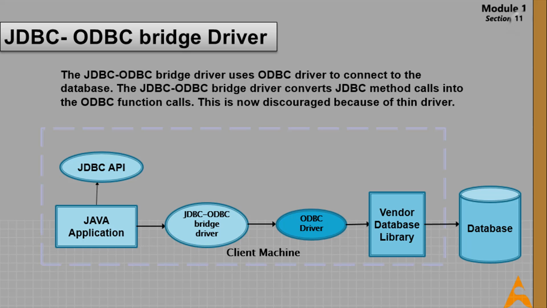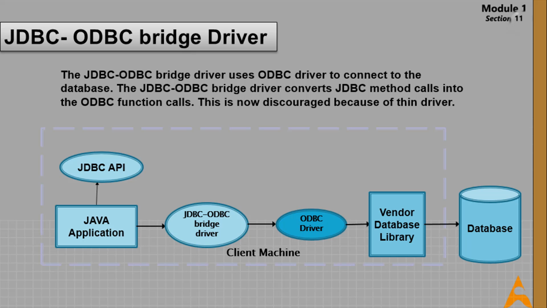Advantage of using JDBC-ODBC Bridge Driver are easy to use and can be easily connected to any database. And the disadvantage of JDBC-ODBC Bridge Driver are performance degraded because JDBC method call is converted into the ODBC function calls, and the ODBC driver needs to be installed on the client machine.